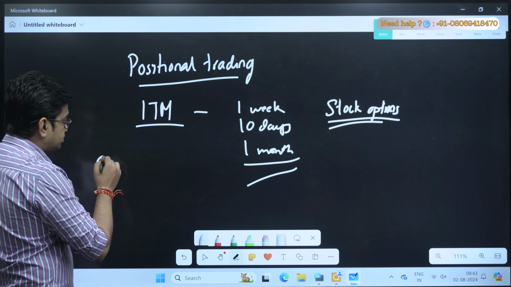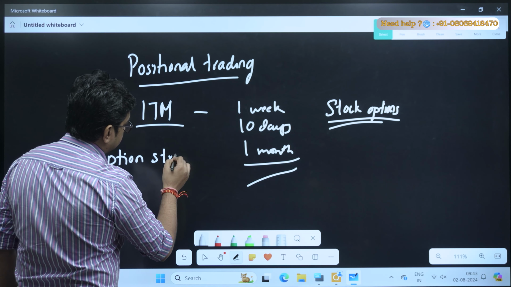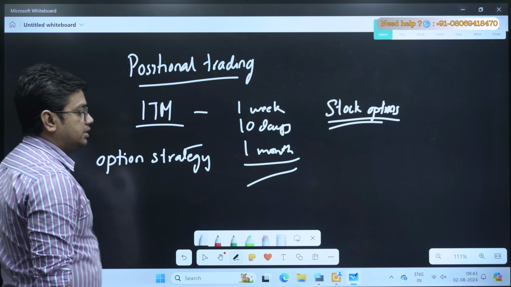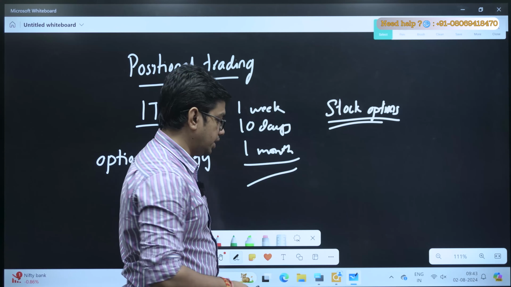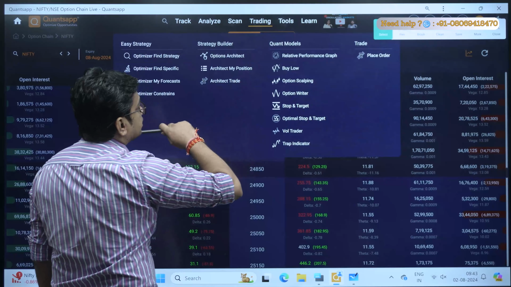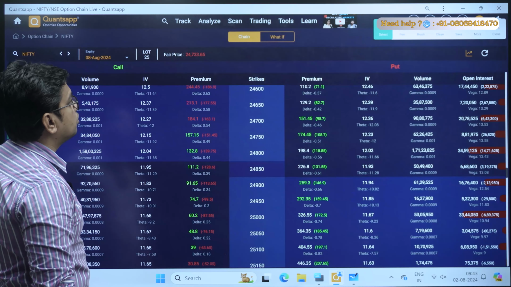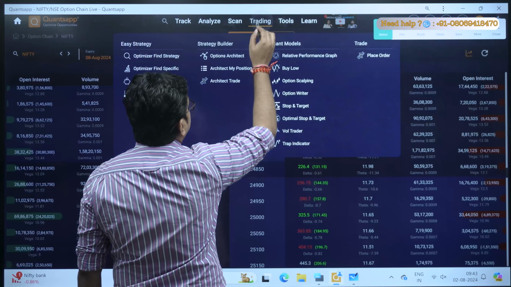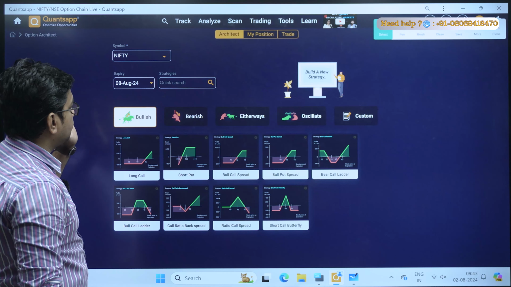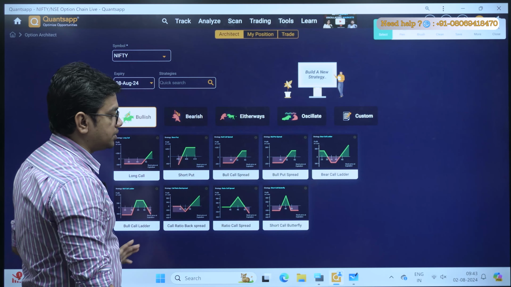Always go with an option strategy. Where to find the option strategy? In the option architect. You open Quantsapp, go to trading, strategy builder, option architect. If you open option architect, if you have a bullish view, you will get these various option strategies.